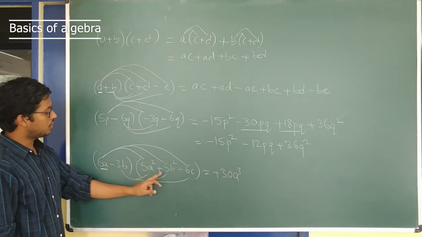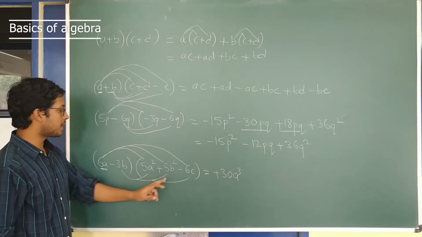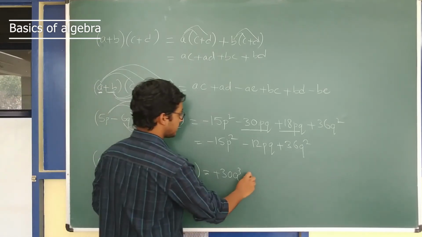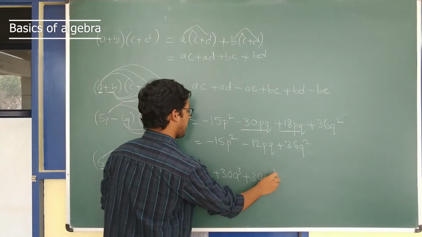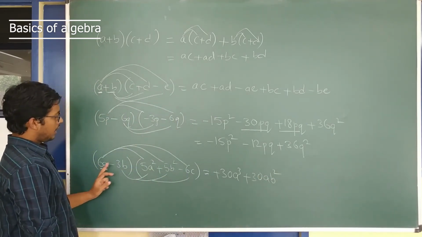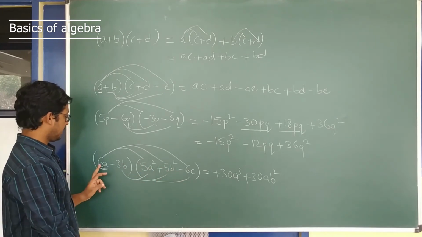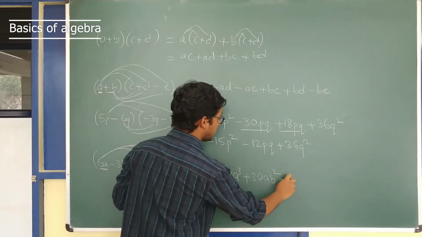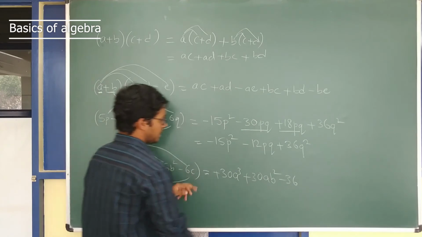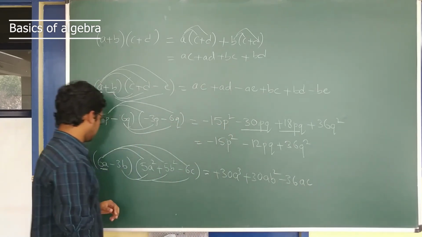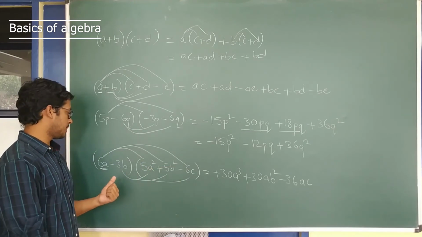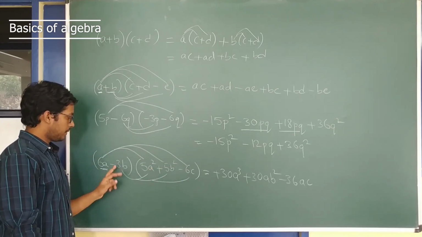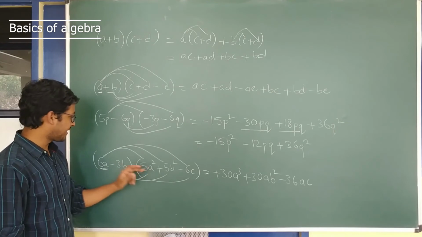Next one, 6a into plus 5b square. 6 into 5 is plus 30. a into b square is ab square. 6a into minus 6c. 6 into minus 6 is minus 36. a into c is ac. Next one. So this term's multiplication to all the terms is over. Then this one, minus 3b into plus 5a square.